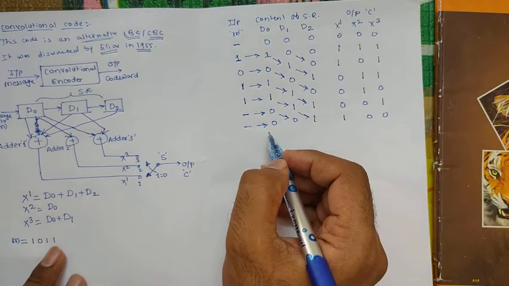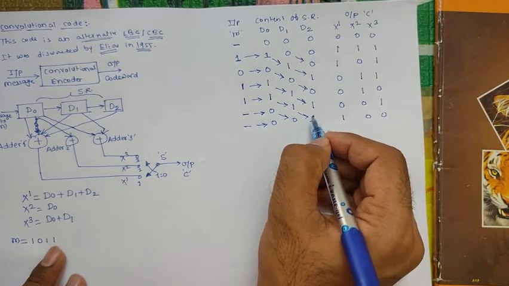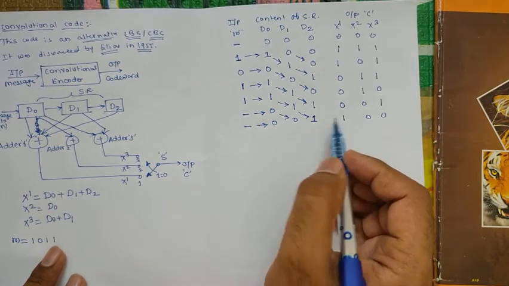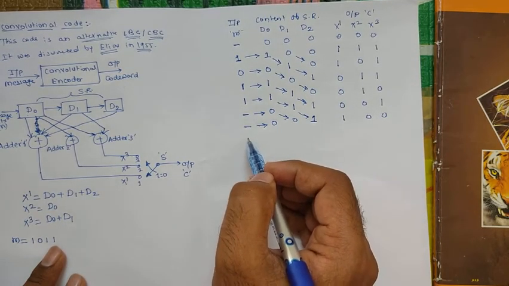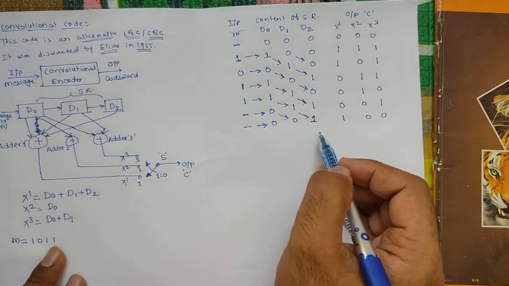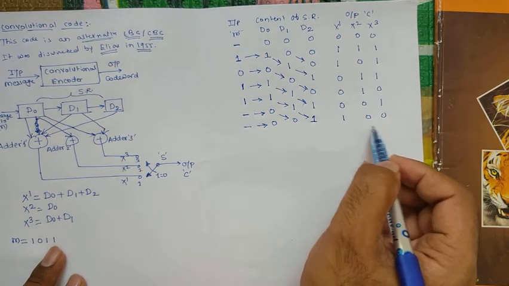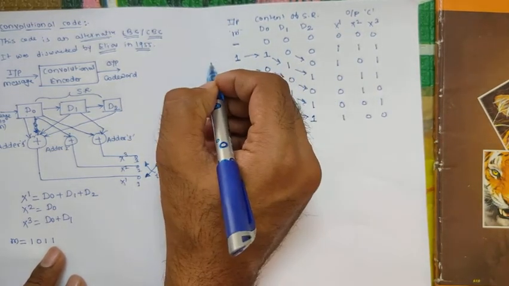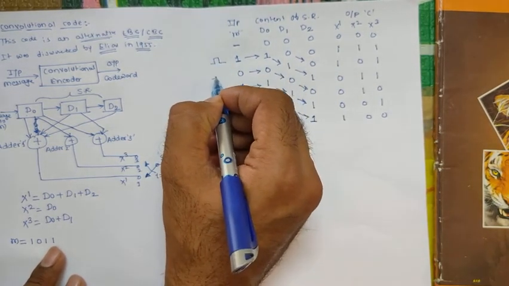And what happens now, since the last input bit, this 1, has reached the last shift register, that is D2. Now after applying the next clock cycle, we are not getting anything in the input, so it means the output is also 0. Basically all these things happen when we apply the clock cycle.